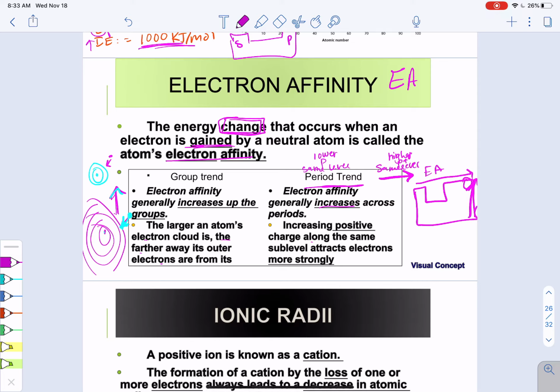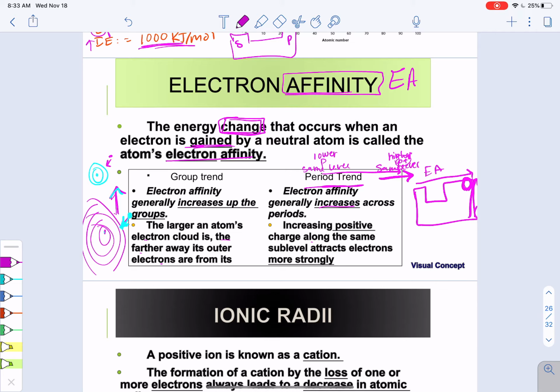So as we go across, the higher proton number is going to attract electrons more. The electron affinity is going to be higher as you go to the right because those more protons are pulling electrons in as much as possible.